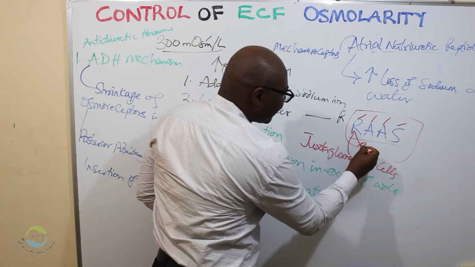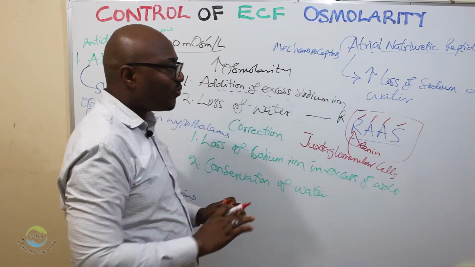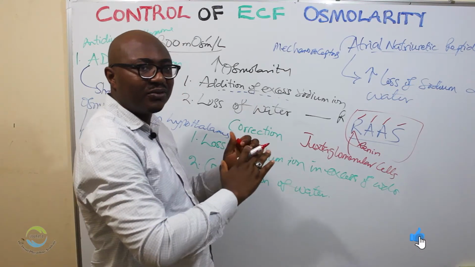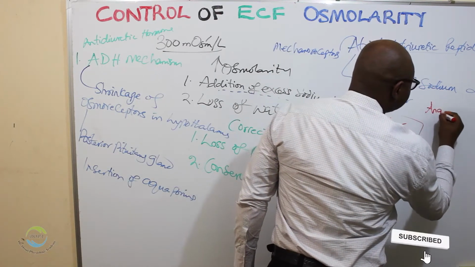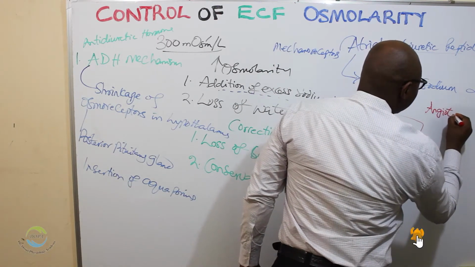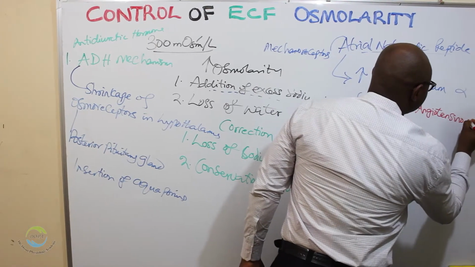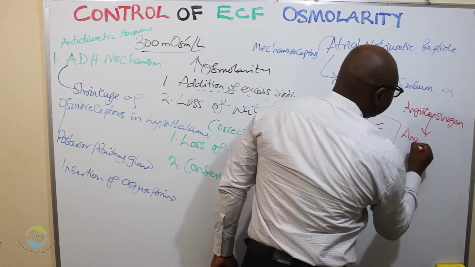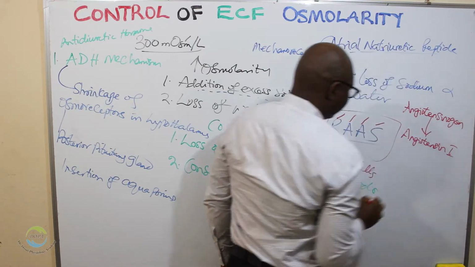This is renin. So what does renin do? Renin is like an enzyme. Renin leads to the conversion of angiotensinogen to angiotensin 1.